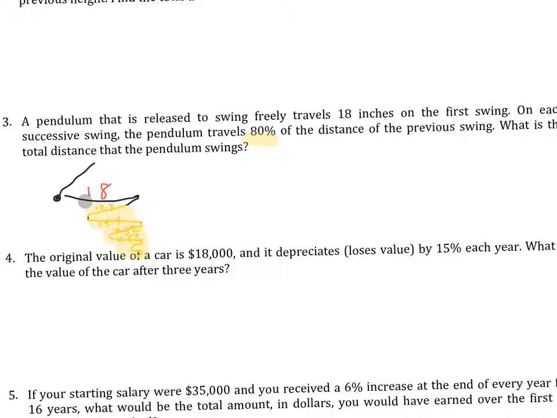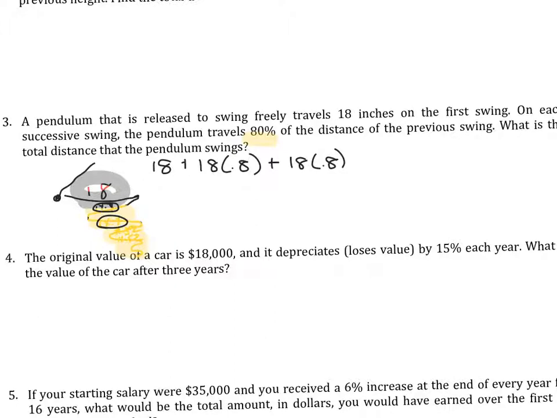So obviously I have this first 18, which I need to account for. That's going to be 18 plus. So then how did I get 14.4? Well, I did 18 times 0.8, which is 80%. And then that was my first 14.4. So then I had to do the exact same thing, 18 times 0.8 to get my second 14.4.